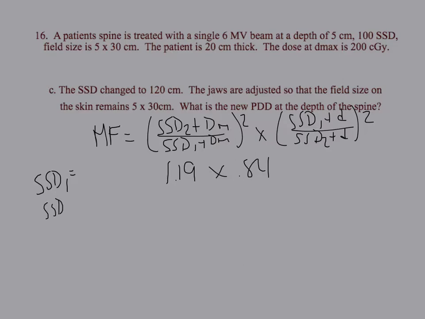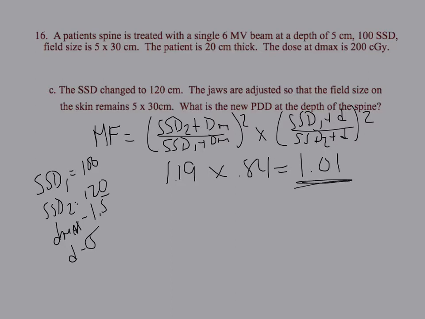SSD 1 was 100, SSD 2, I'm going to change it to 120. My Dmax for 6 MV is always 1.5, and my depth is 5. So you just need to fill everything in here, and you get 1.19 times 0.84 with a Mayneord F factor of 1.01. That's just my F factor.